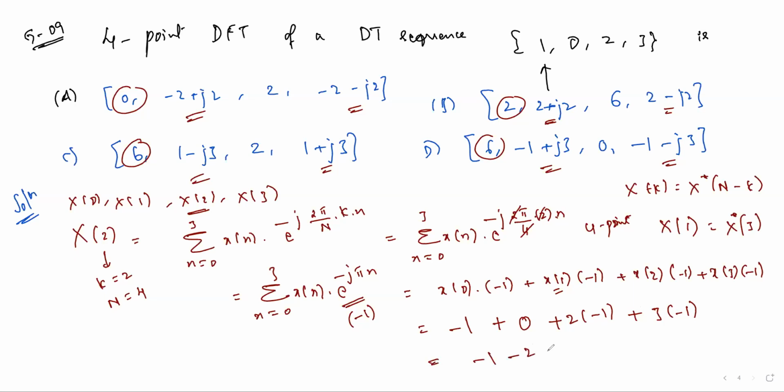Minus 1, minus 2, minus 3, we are getting minus 6. Minus 6 is not there in the options, so somewhere I have made a mistake. Let me verify once again.